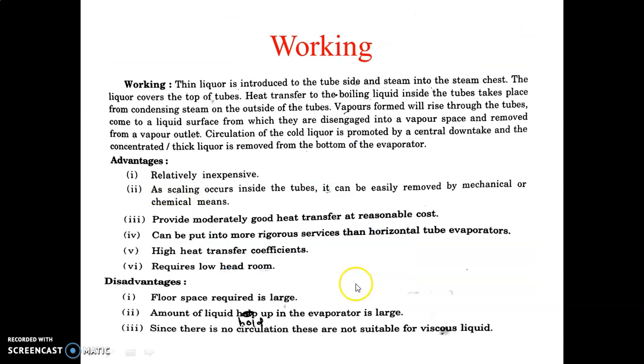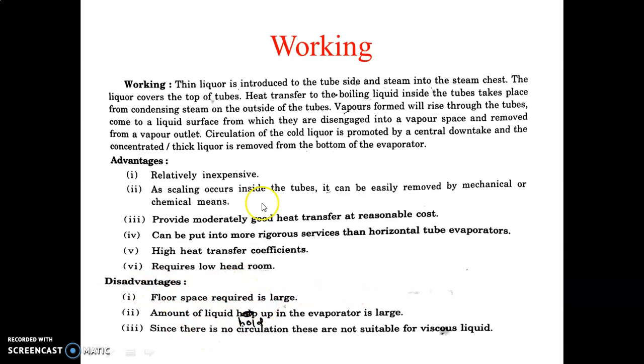Then what are the advantages of this evaporator? It is relatively inexpensive, that means the cost is less. Scaling occurs inside the tube, so you can use this evaporator for scaling liquids. It provides a good heat transfer rate, with a high heat transfer coefficient. It requires low headroom, that means low vertical space. And what are the disadvantages?